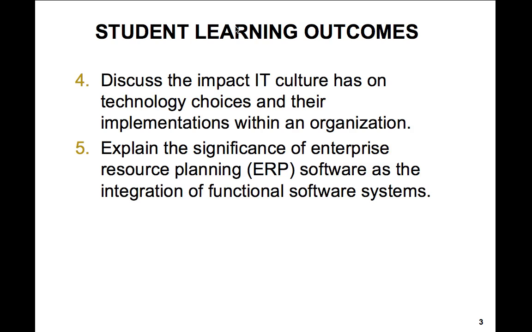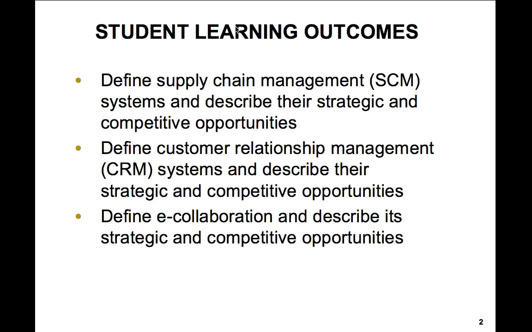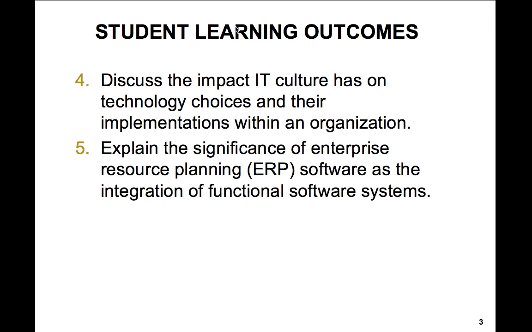So we'll discuss the impact of the IT culture on technology choices and on implementations, and then follow up with some ERP examples and applying technology towards enterprise resource planning, which is probably the most misunderstood concept in business. What in the world is ERP? Most people can understand supply chain management. Most people can probably understand customer relationship management, and even collaborative tools.